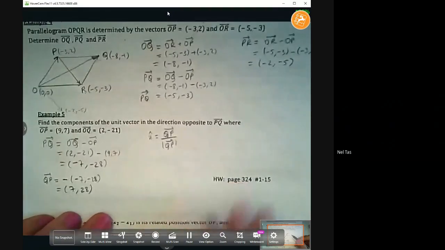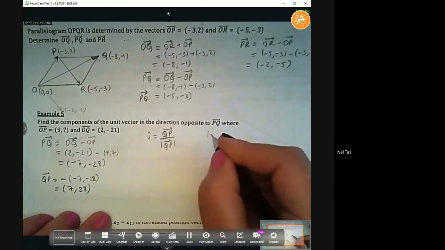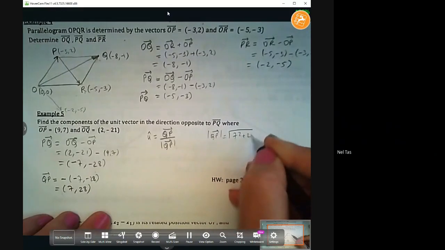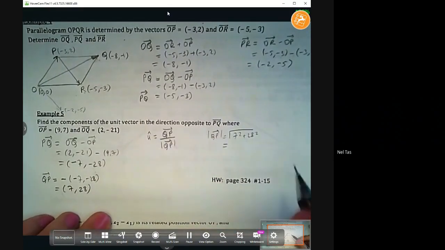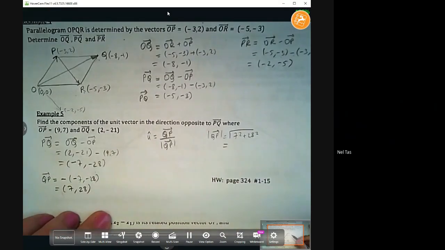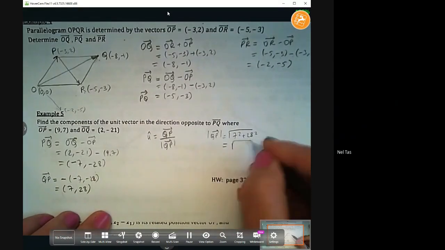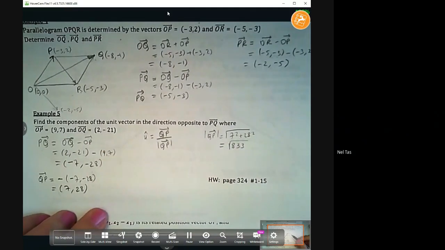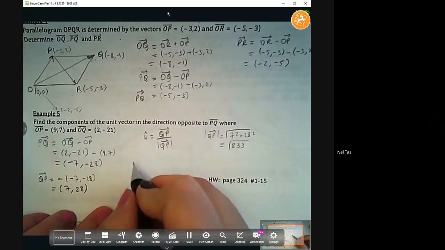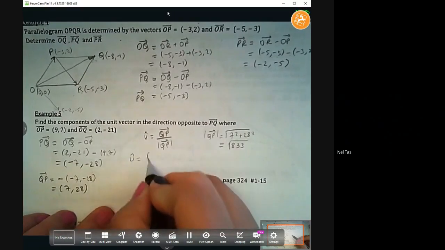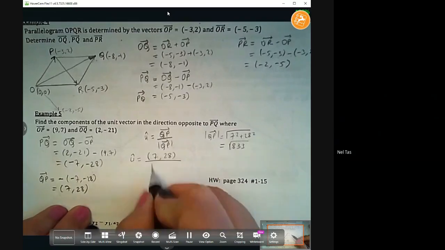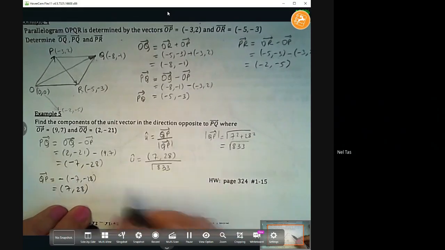So let's calculate magnitude of QP. The square root of 7 squared plus 28 squared. If we do that, we get 833. So square root of 833 is the magnitude of QP vector. So the unit vector is then (7, 28) divided by square root of 833.